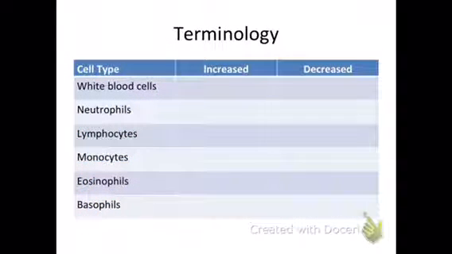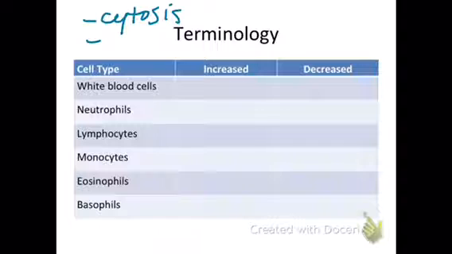So we have specific terminology that we communicate to one another to tell whether a specific cell type is increased or decreased. And that terminology really has 3 suffixes. So if you see a cytosis or a philia, then that means that that cell type is increased.